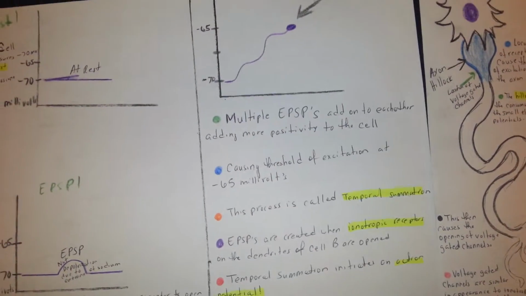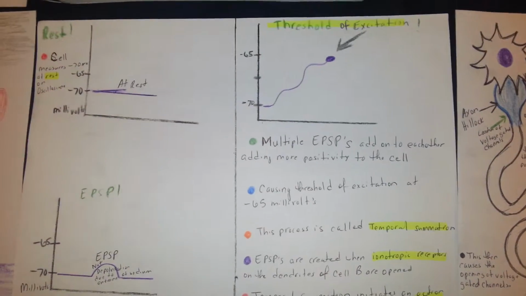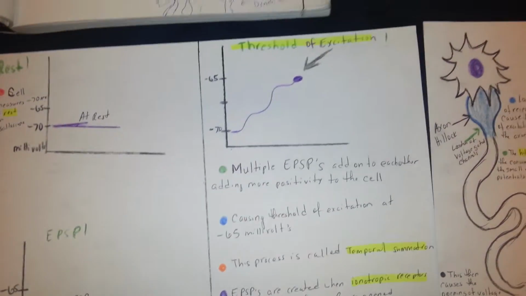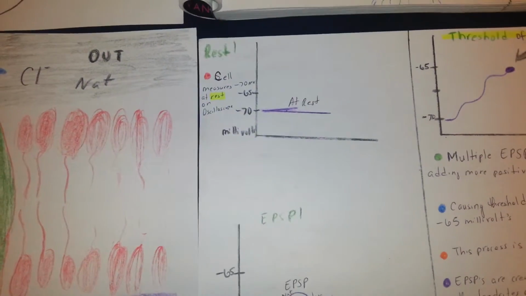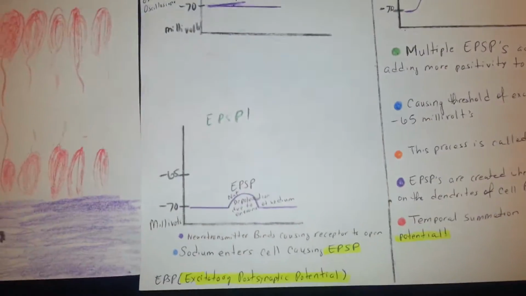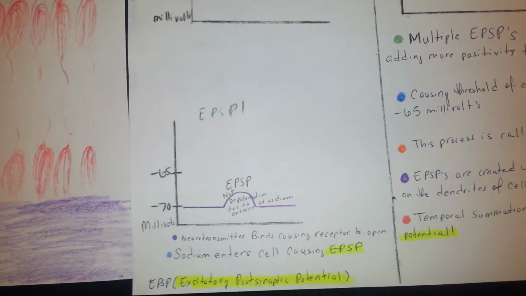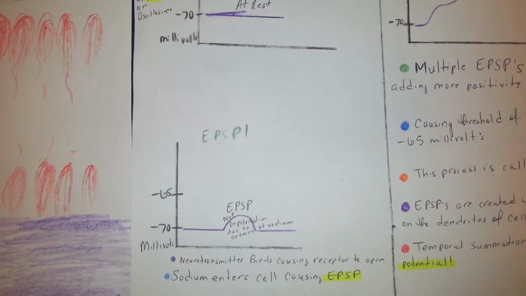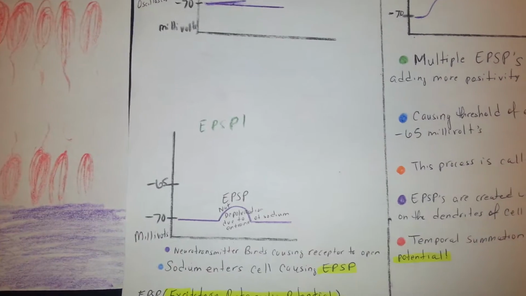So basically, I've listed these things in chronological order so that it's easier to remember, easier to follow and easier to understand. So as I said, step 1, the resting is negative 70 millivolts. Once sodium enters the cell, it causes EPSP, excitatory postsynaptic potential, which wakes the cell up to a degree, and it's no longer at resting rate.